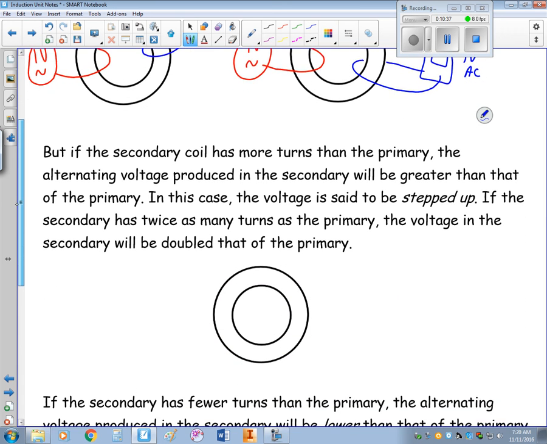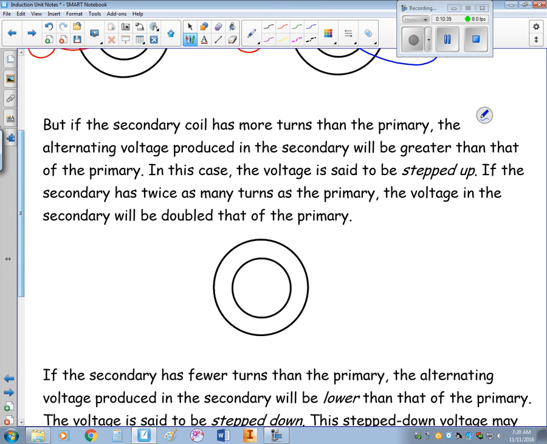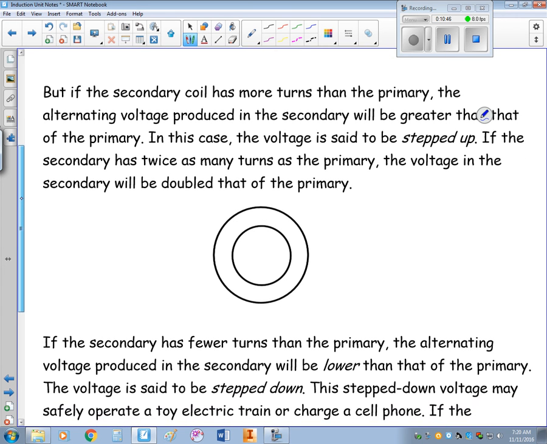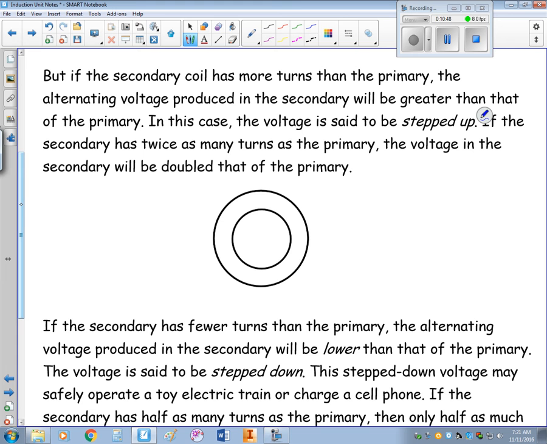If the secondary coil has more turns than the primary, the alternating voltage produced in the secondary will be greater than that of the primary. So in this case, the voltage is said to be stepped up. If the secondary has twice as many turns as the primary, the voltage in the secondary will be double the voltage in the primary.